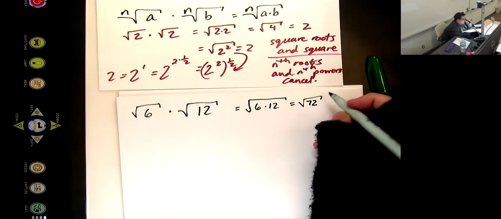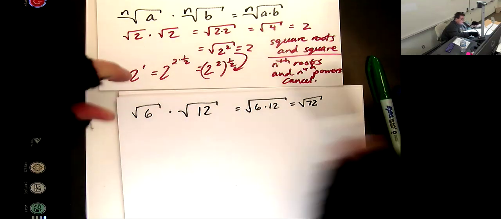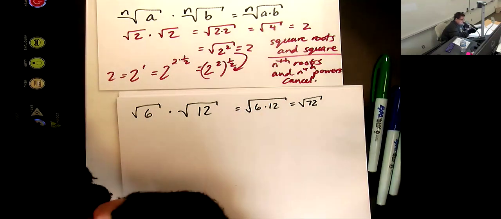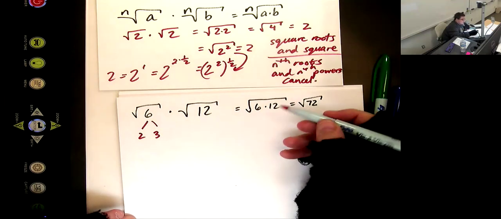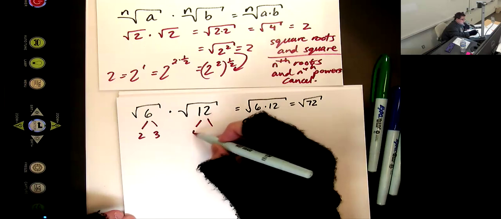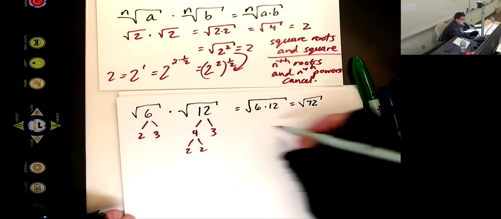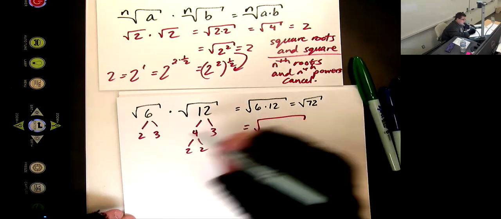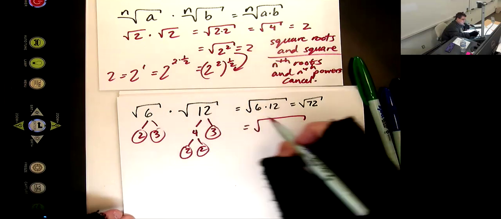I don't know that that's a helpful approach. It's not bad with 72, because a lot of people know what two numbers multiply to make 72 from the times table. But in general, you're better off starting with factoring these. This is 2 times 3. This is 4 times 3, and 2 times 2. So when I put them together, I have 3 2s and 2 3s.